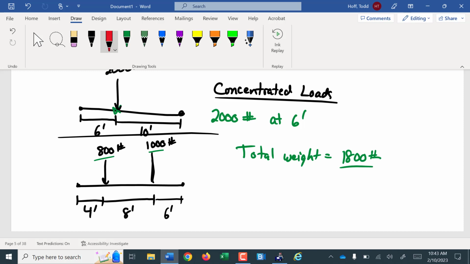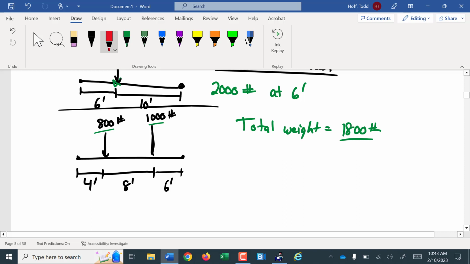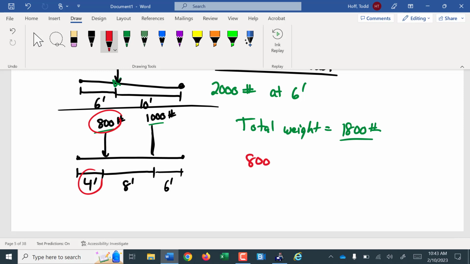The location, then, we find the average distance. So this one is 800 pounds at 4 feet. So we do 800 times 4. It's 3,200. And that unit is foot-pounds. Or pound-feet, I believe some of your textbooks use. The second one is 1,000 pounds at what distance?